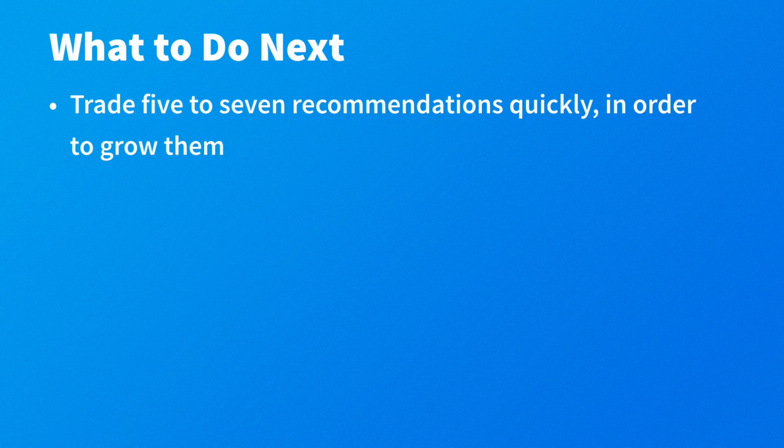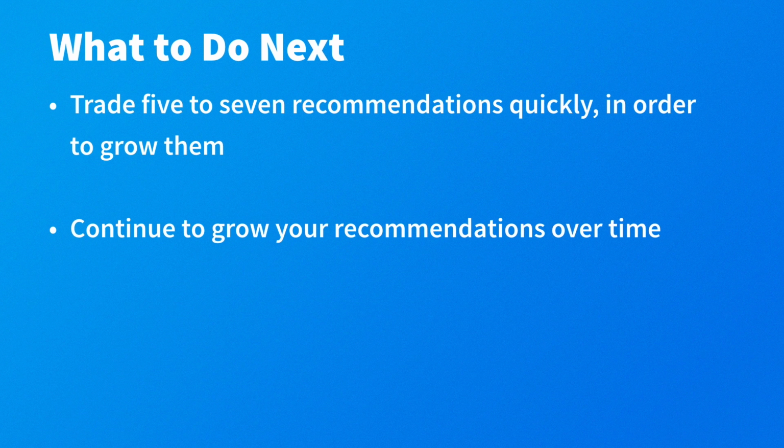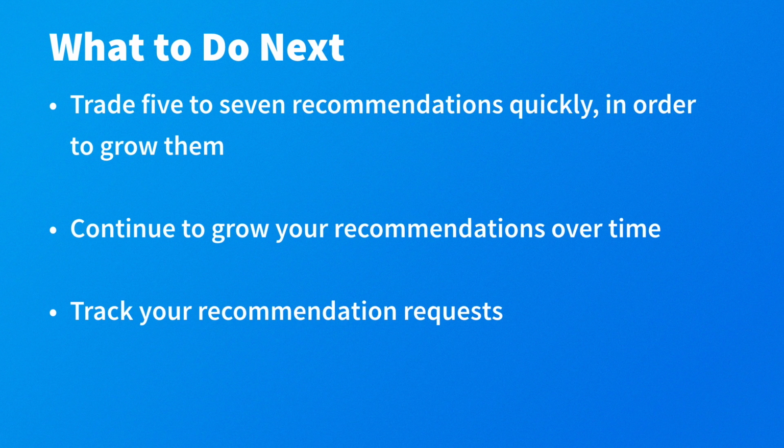Make sure you continue to grow your recommendations over time and that you're tracking your recommendation requests in the area where I showed you in the previous video. So all you've got to do now is trade for those recommendations, earn your badge, and make sure that when you are trading, you're hiding the ones you've given so people can't see that you're trading, because otherwise you're just going to lose credibility, and we don't want that.